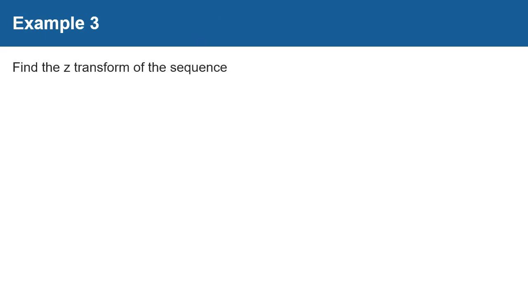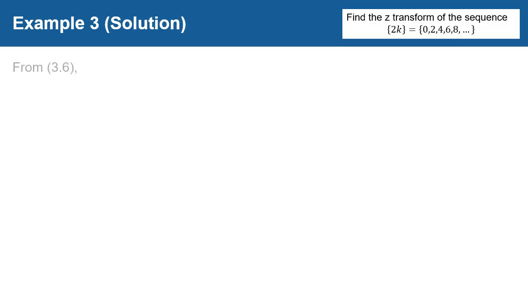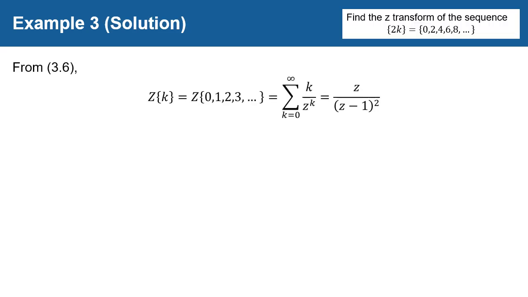Third example: find the z transform of the sequence 2k, which is 0, 2, 4, 6, 8, and so on. From equation 3.6, the z transform of k is equal to the sum from k equals 0 to infinity of k over z^k, which is equal to z over (z minus 1) squared.